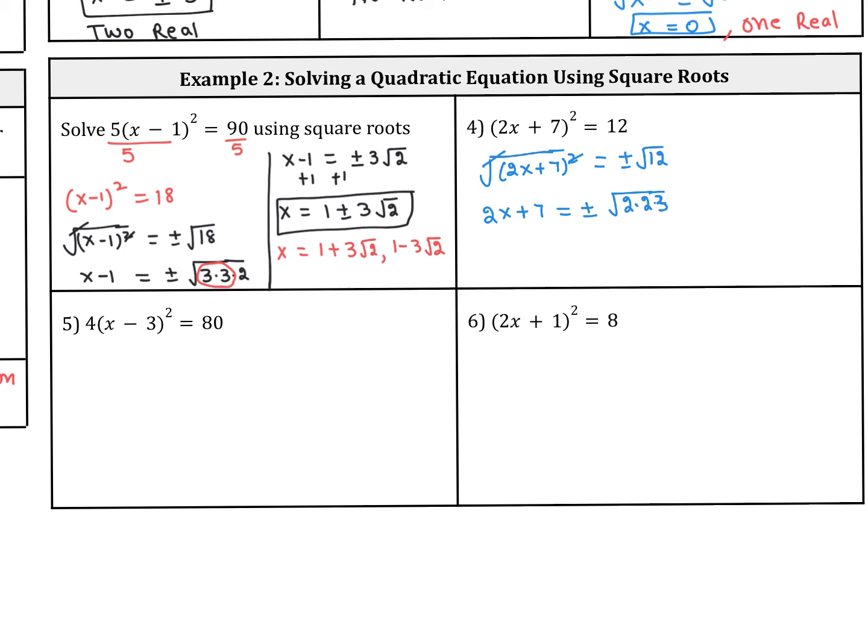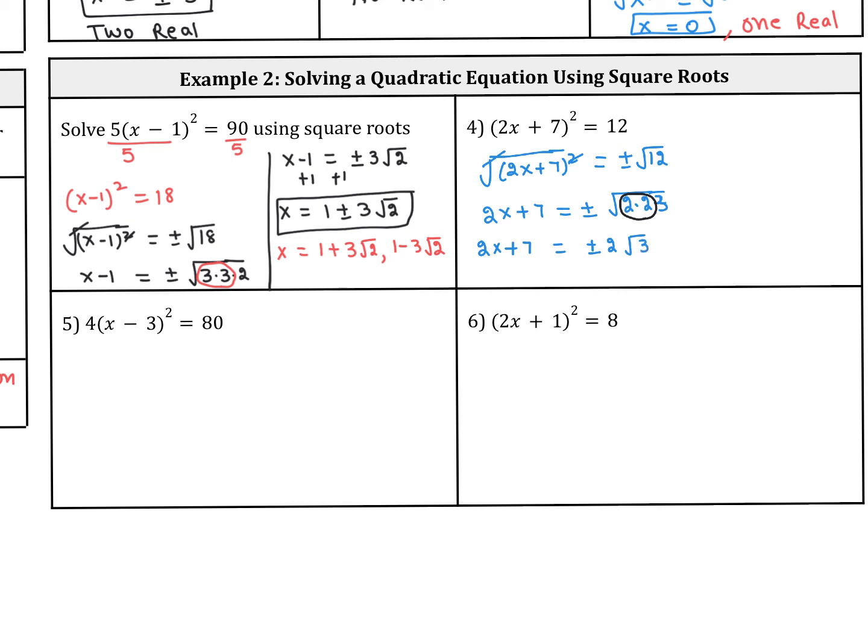The prime factors of 12 are 2 times 2 times 3. You make a pair of 2, and out comes one number from each pair. So you got here 2x plus 7 equals plus or minus 2 square root 3.